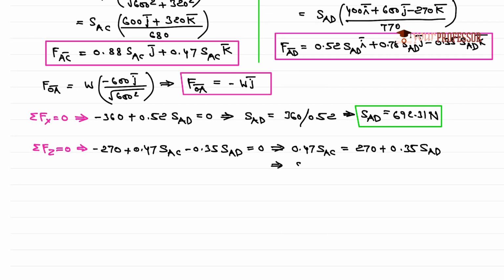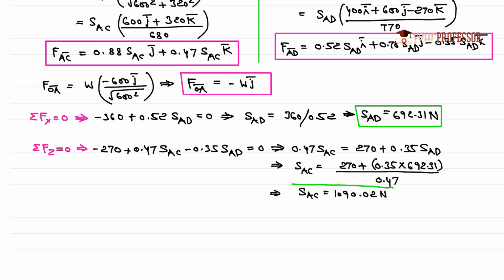SAC is equal to 270 plus 0.35 into 692.31, divided by 0.47. From this you can get the value of SAC, and it will be around 1090.02 newtons. So this is the value of tensile force along the string AC. Let's highlight this.